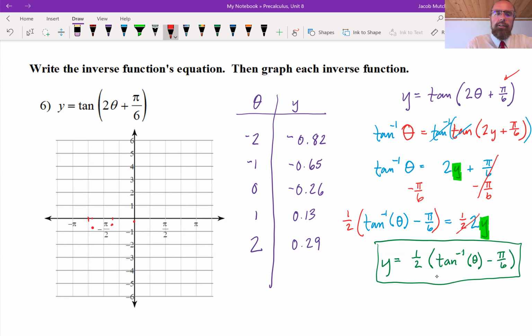And 1 is 0.13. And 2, again, a little less than 3 pi over 4, is going to be 0.29, about a third. And here's our function. So we'll sketch it in.